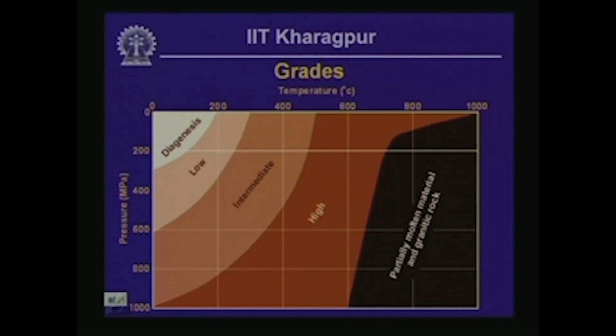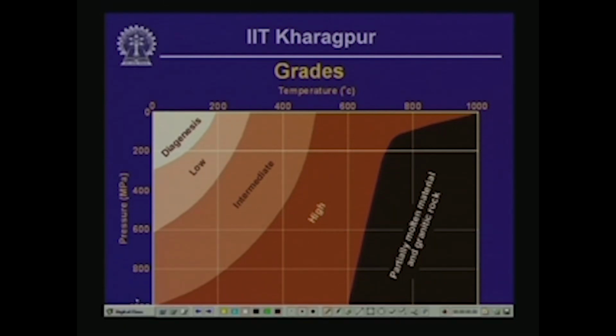Then we get into the zone known as low grade metamorphism, which takes place in the temperature range of maybe 200 to 300 degrees Celsius, and a pressure range of between 300 megapascals and about 600 megapascals.